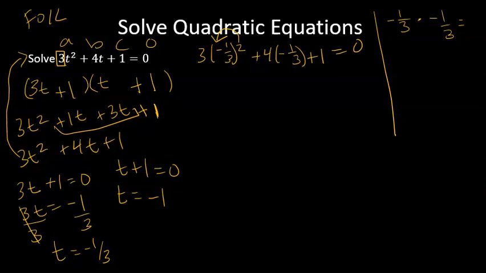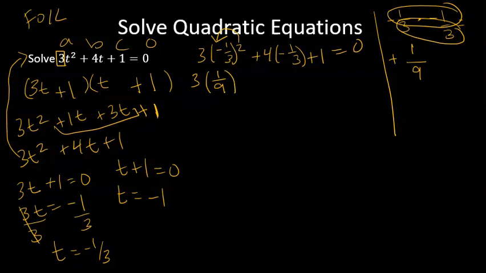So we're multiplying here, and we're going to get a positive answer. We take the bottom numbers, called the denominator: 3 times 3, which is 9. And we multiply the top numbers, called the numerator, and we get a 1. So we have positive 1 over 9 plus 4 times negative 1 over 3 plus 1 equals 0, right?